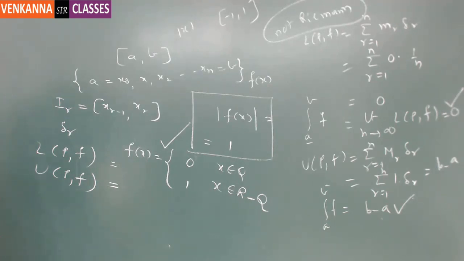One assumption is that mod x is a continuous function. As we have discussed an important result, every continuous function is Riemann integrable. So from that point of view, we can say that the modulus of every bounded function is Riemann integrable.